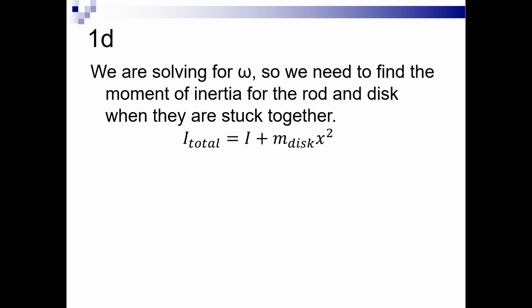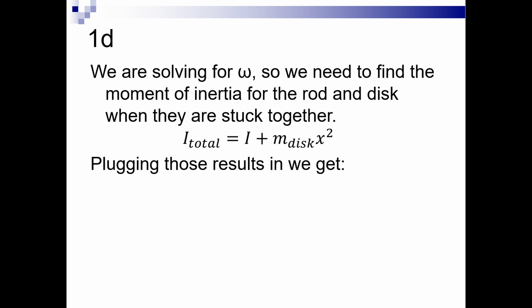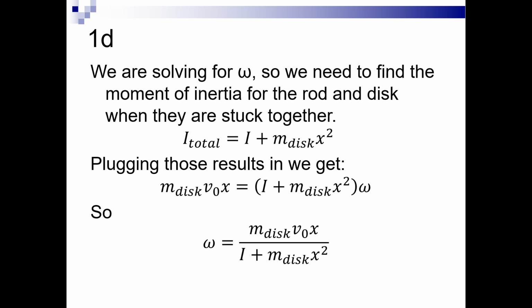It's like if we were doing a collision problem and the bullet stuck into the block of wood, we have to add those two masses together. So plugging in those results, you get that angular momentum, which we saw was m disk v0 x, equals moment of inertia times omega. So then we can solve for omega, and you get this kind of ugly equation.